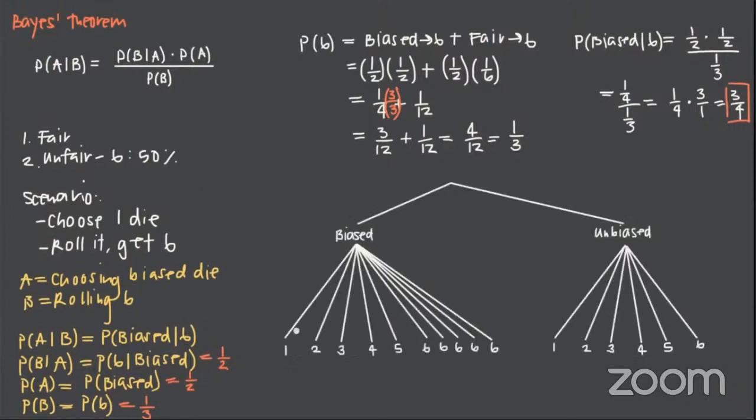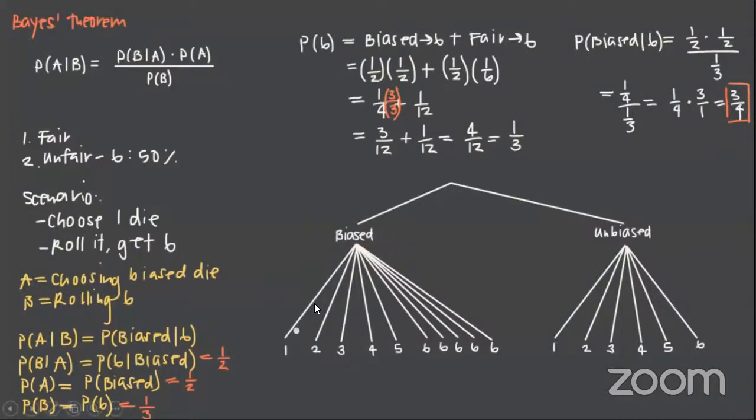Let's see how this works pictorially, then we will see mathematically how it works. Assume these are my two dice. One is biased, one is unbiased. The left side we have the biased, the right side we have unbiased. Now, in a biased dice, we said 50% of the times there is a probability of number 6, and the remaining 50% of the times there is a probability of 1, 2, 3, 4 and 5.